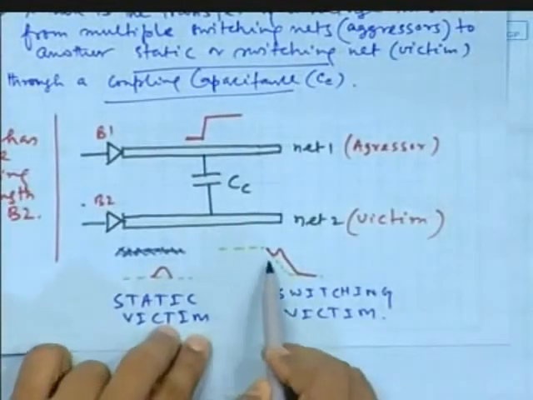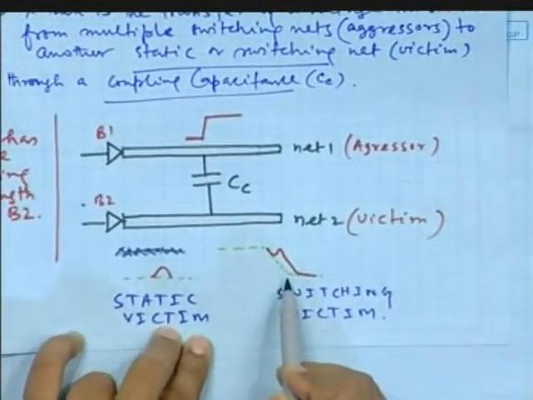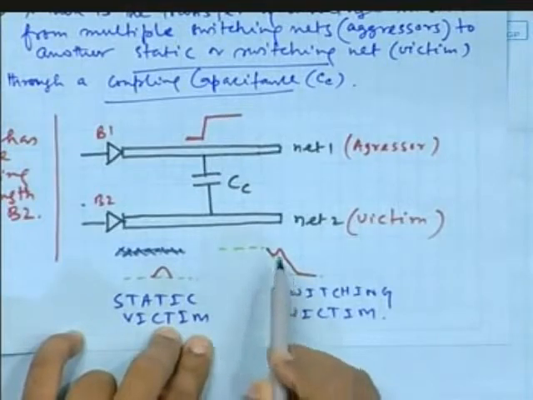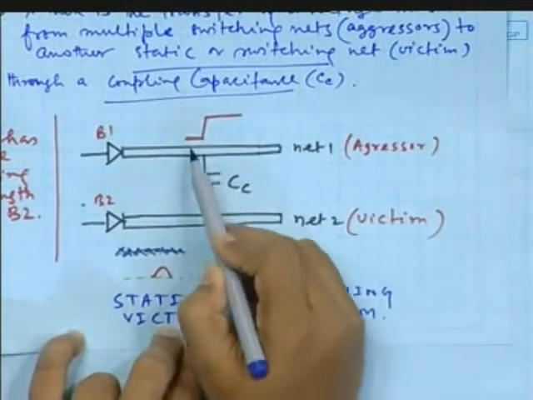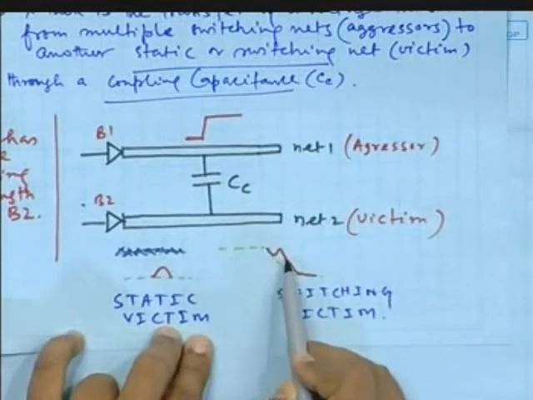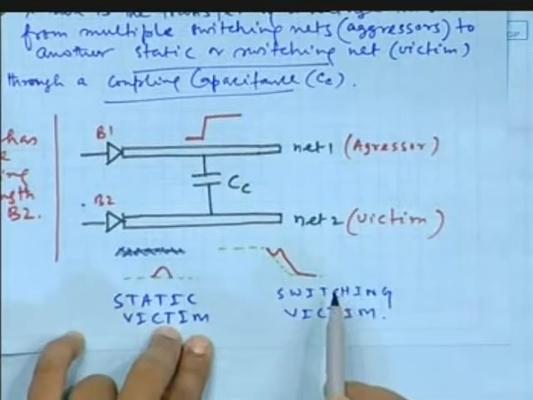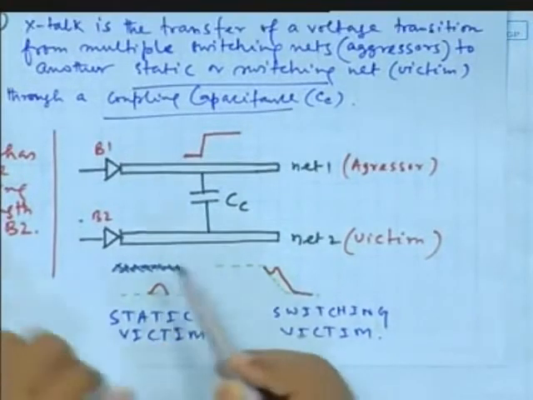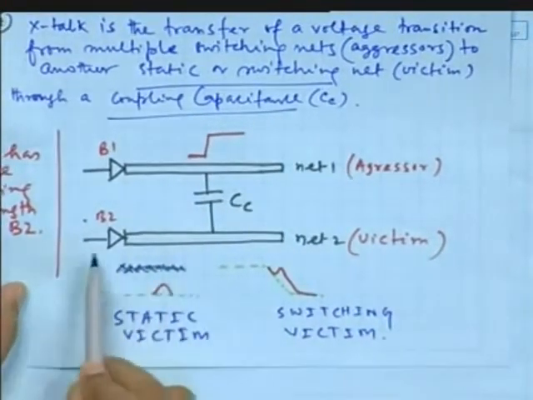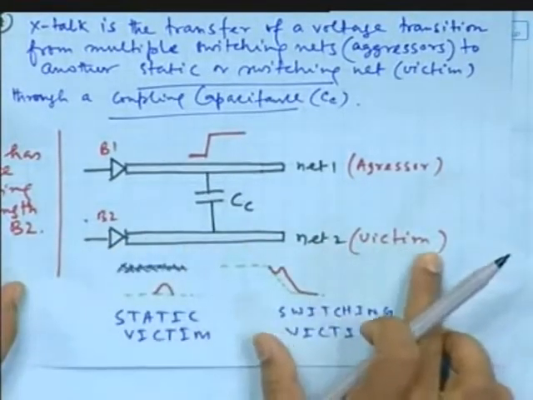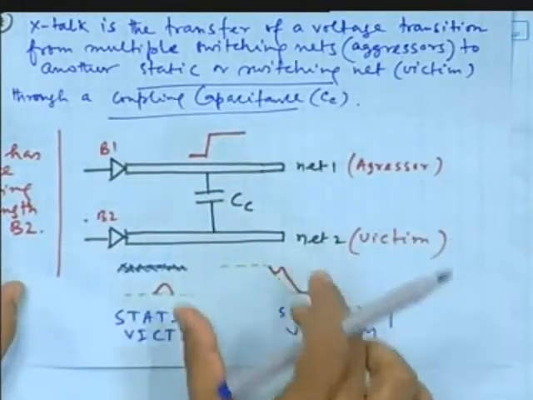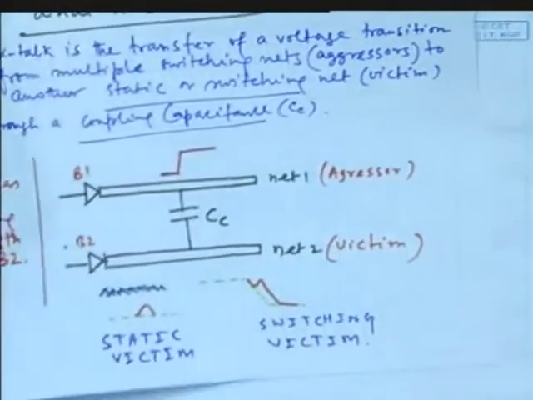This is the switching victim. If it was moving like this, because of this one it moves a little bit up and then comes down, right? So this is called a switching victim, this is called a static victim, depending on what net 2 belongs to at that moment, whether it is static or switching.